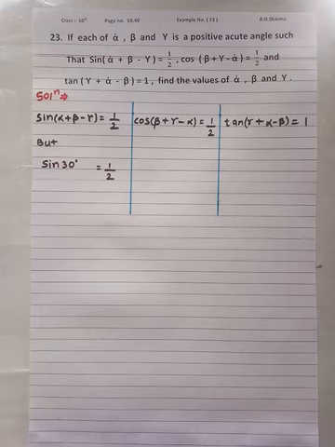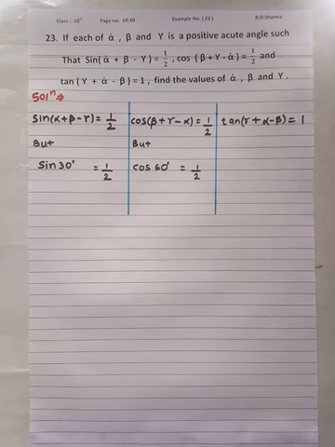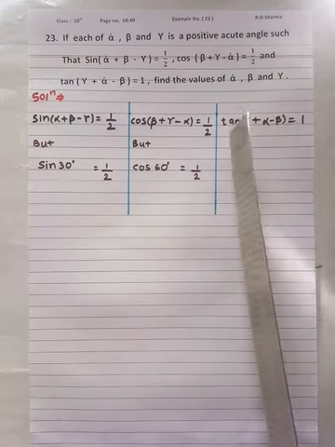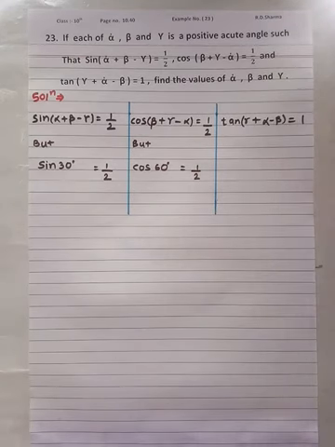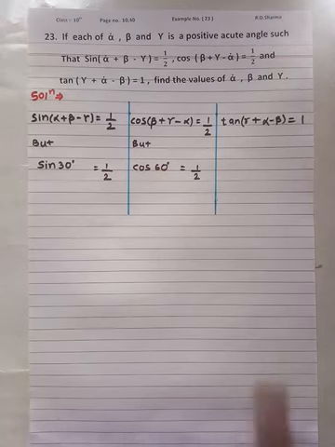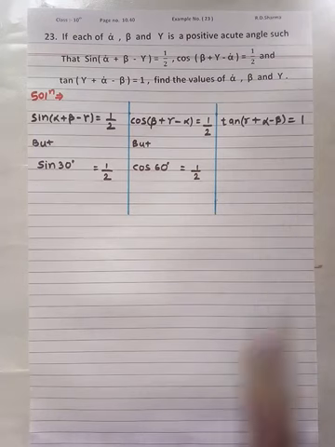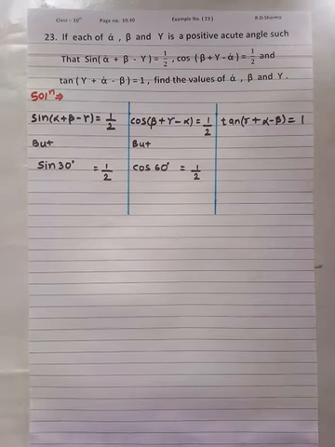According to the table, cos 60 degrees is equal to 1 by 2. So right here, cos 60 is equal to 1 by 2. In the third column, tan of which value is 1? Right, friends, tan 45 degrees is equal to 1. So right here, tan 45 degrees is equal to 1.